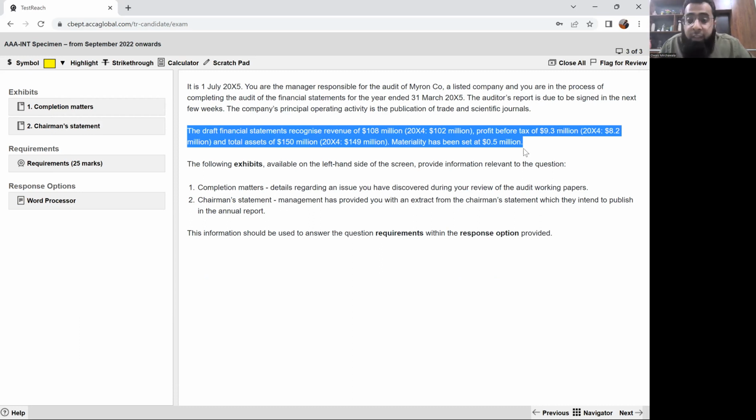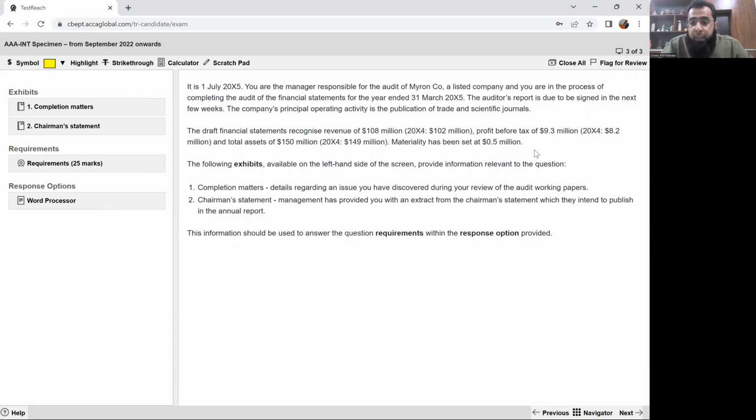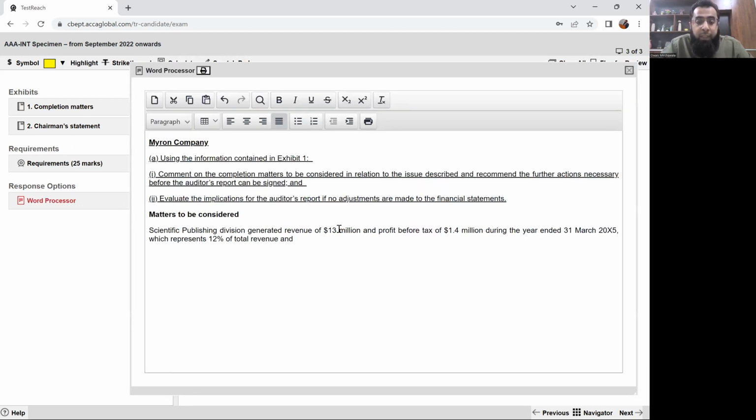So 13 million divided by 108 million is 12% of total revenue. The total profit before tax is 9.3 million, so 1.4 divided by 9.3 is 15%. It represents 12% of total revenue and 15% of total profit before tax, respectively.